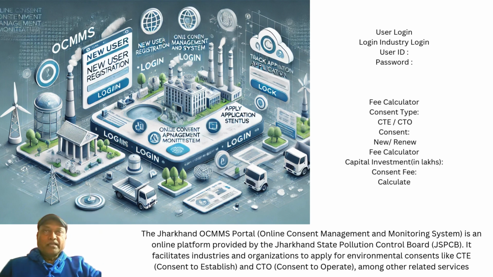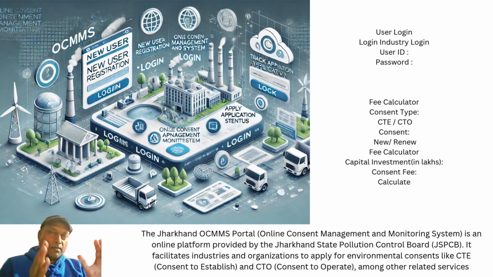Now, navigate the portal to apply for consent, that is, the apply for consent section. Select CTE if applying for consent to establish, or CTO if you are going to apply for consent to operate.